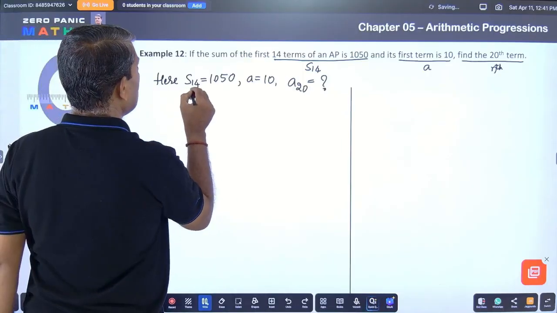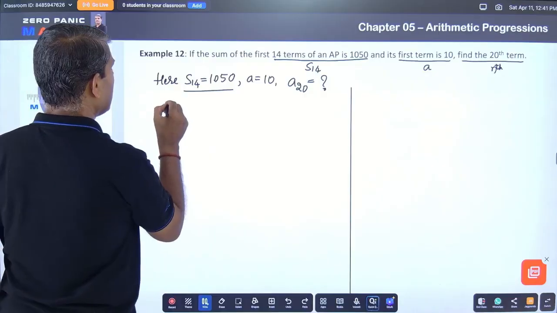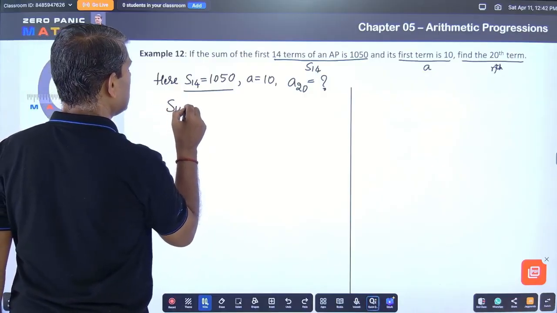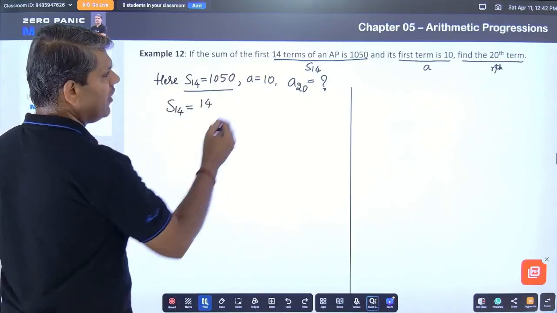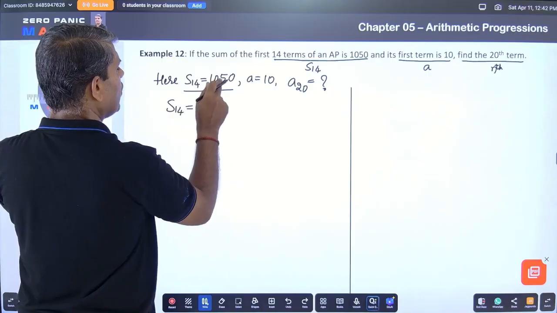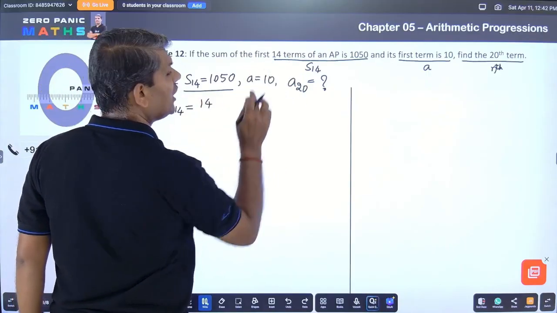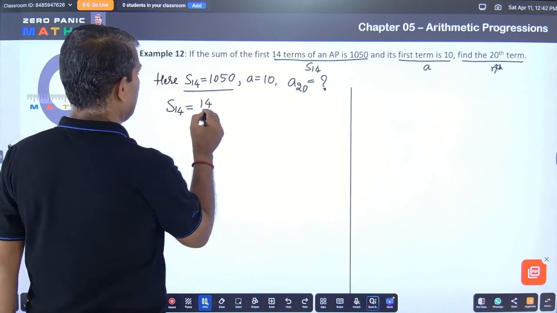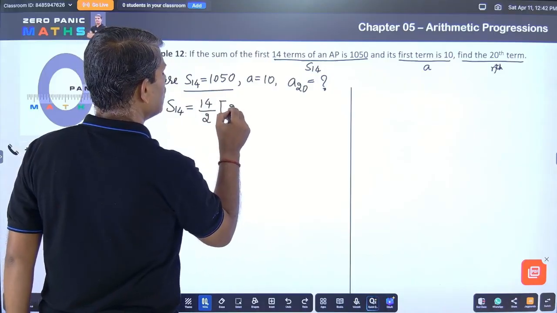So we know the Sn formula. Substitute S14. S14 means n is equal to 14 here. You have to write that also. If it is S14, then n is 14 terms. They have already told us the first 14 terms, so n is equal to 14. If n is equal to 14, then n by 2 and 2a.